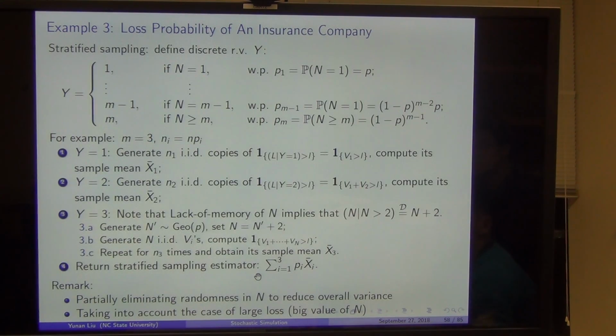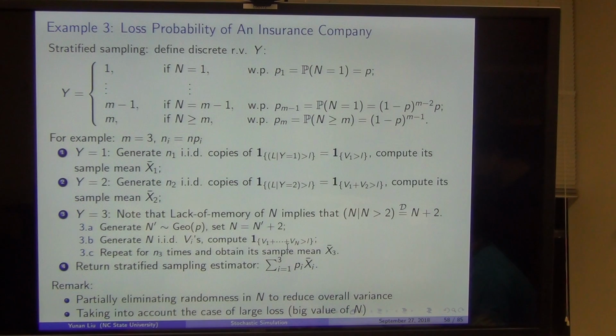But here, in case 3, we put ourselves in a position where we are pretending we have a large number of claims. So case 3 enables us to more likely obtain a 1. If L is big, in case 3 you are more likely to have a 1 returned because you pretend that you have 3 claims.